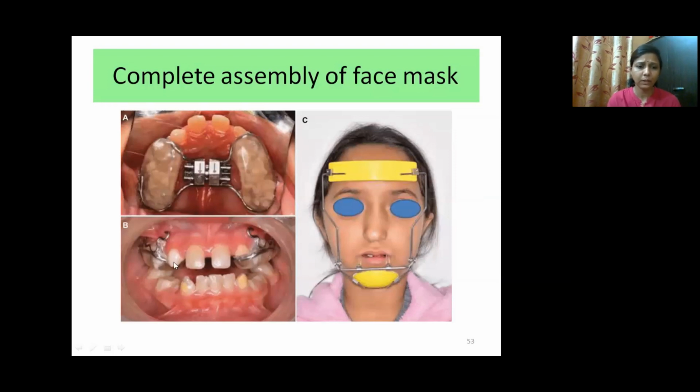It is soldered in the region of the first canine and first molar, and this is the outer face mask. Here we can see the elastics which are internally attached to the hook of this acrylic splint, and externally they are attached to the horizontal bar of this face bow.